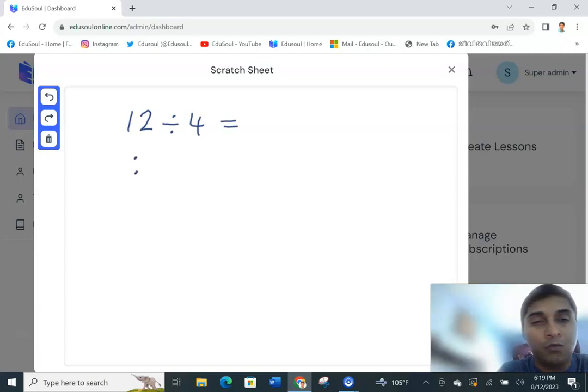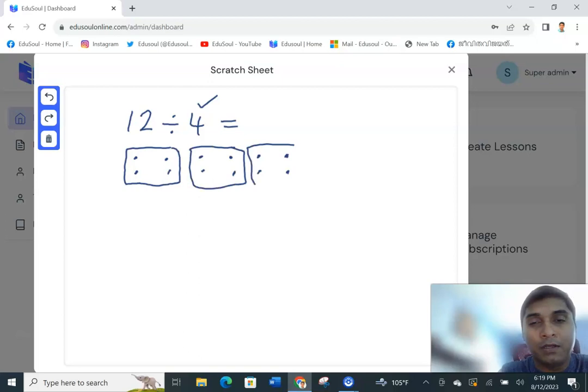So you have 1 2 3 4 5 6 7 8 9 10 11 12. Now you need groups of 4. So you have one group, the second group, and the third group. So 12 divided by 4 is equal to 3.